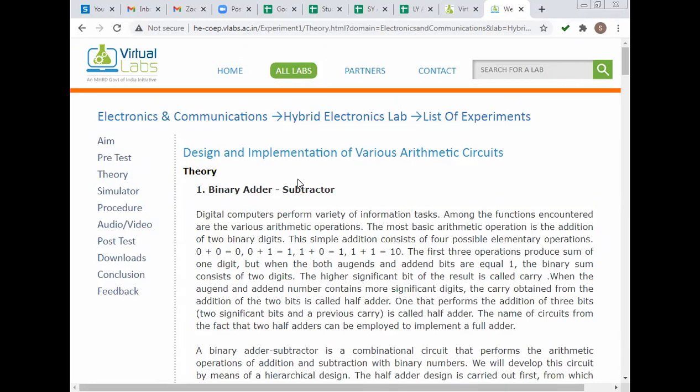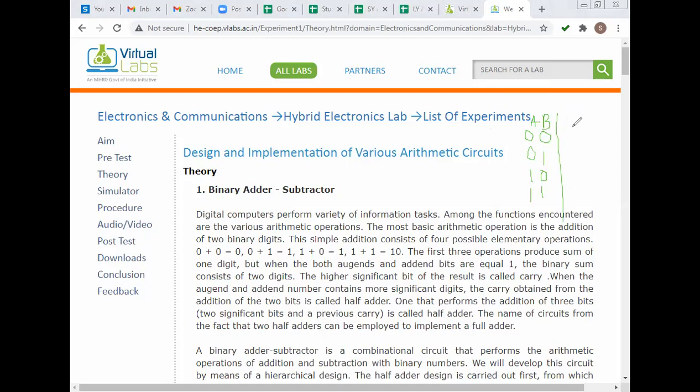What is the truth table for binary addition? Suppose you consider 2 inputs, 0 0, 0 1, 1 0 and 1 1. What is the binary addition for that? Here is the input B. What is the output?